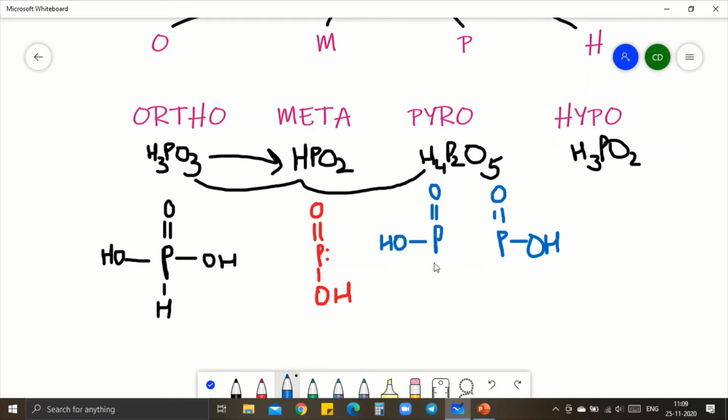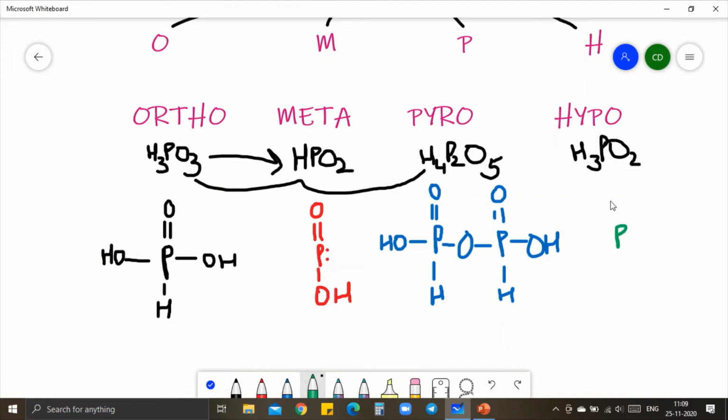There are two hydrogens. Just place one for one phosphorus, and for this phosphorus also one hydrogen. And there is one oxygen remaining. Here there are 4 oxygens and one oxygen remaining. Just place it in between two phosphorus. This is pyrophosphorus acid.